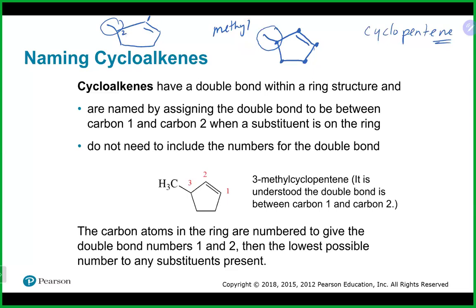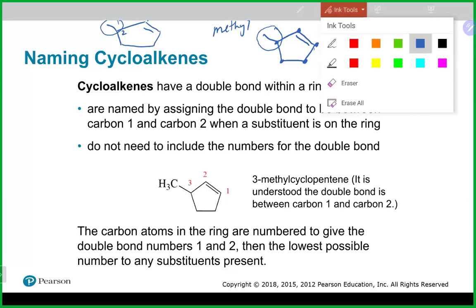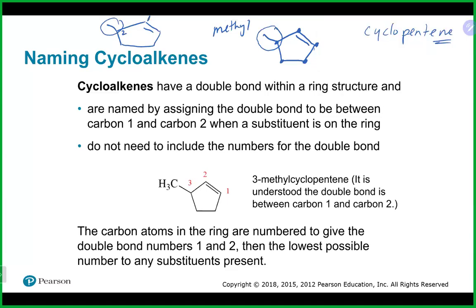And the answer is you could, but it would be wrong, because they have a weird rule that says when you have a double bond in a ring structure and you go to number it, you actually have to number through the double bond. So you can't go away from the double bond when you're numbering. You actually have to pass through the double bond to get to your group. That means the way I just did it there on the left, you should not do, because I did not go through the double bond.